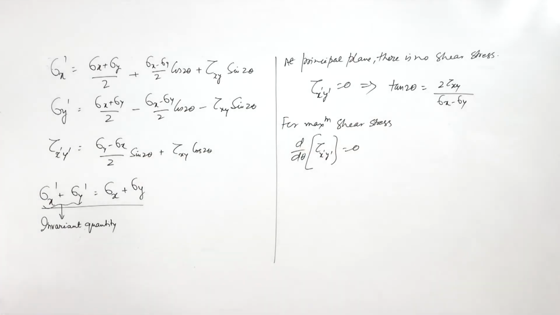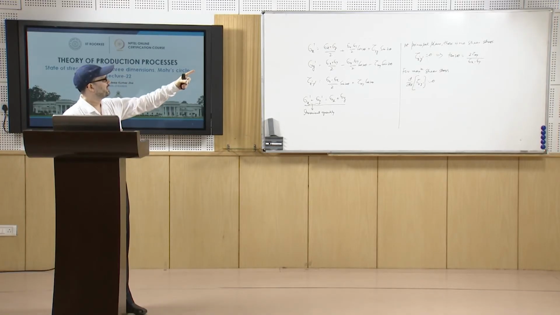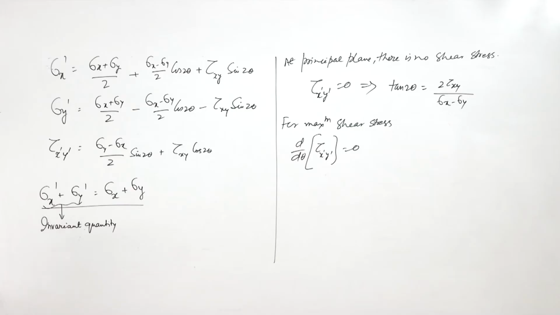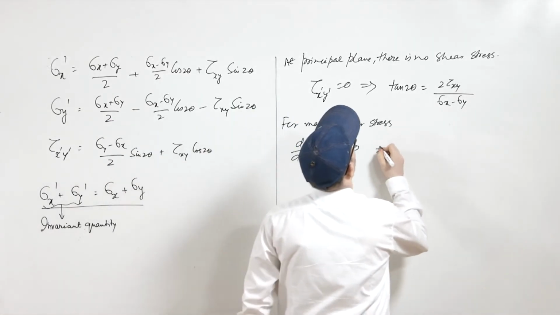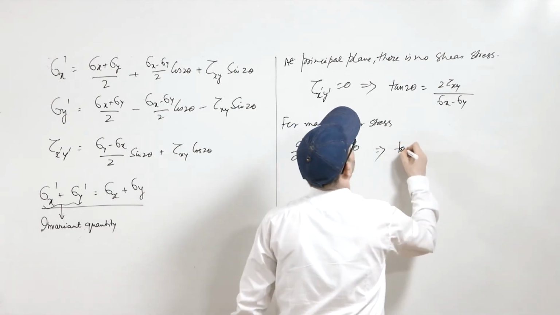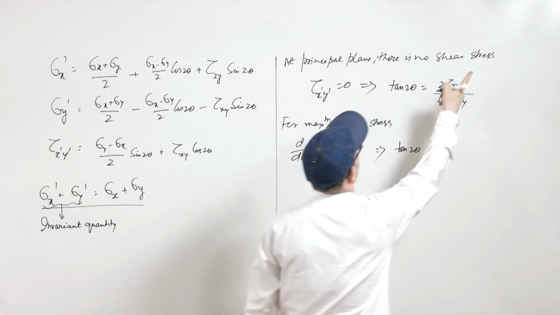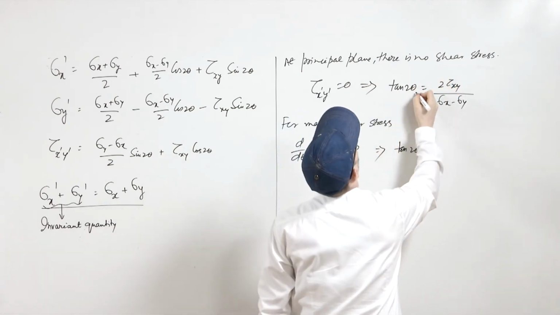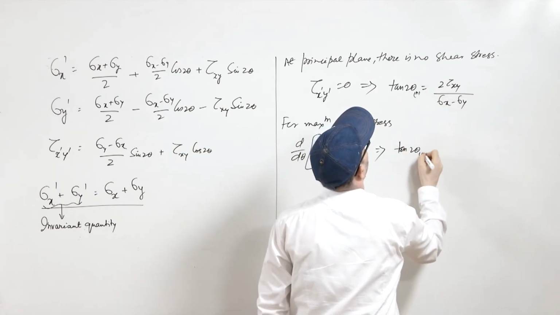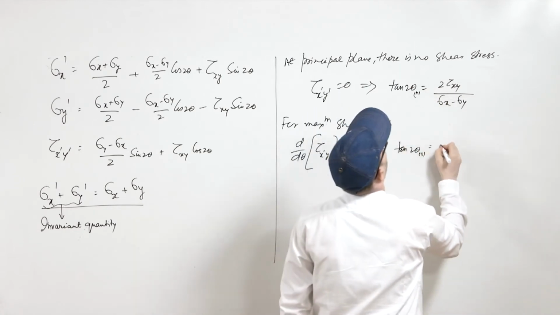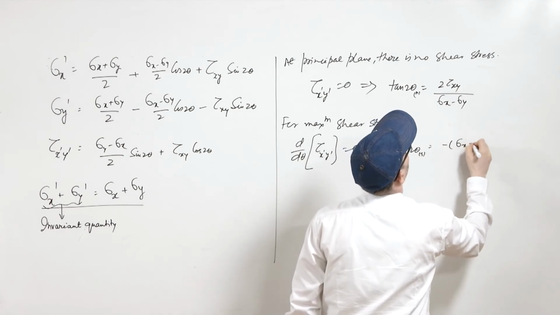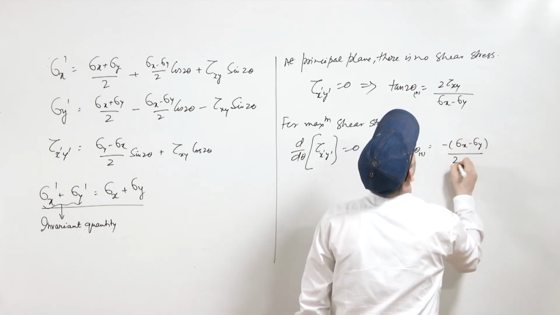So the value will be minus of sigma x minus sigma y by 2 tau xy. So tan 2 theta for the normal stress case, where there is no shear, is 2 tau xy upon sigma x minus sigma y, and for the shear case it is minus of sigma x minus sigma y upon 2 tau xy.